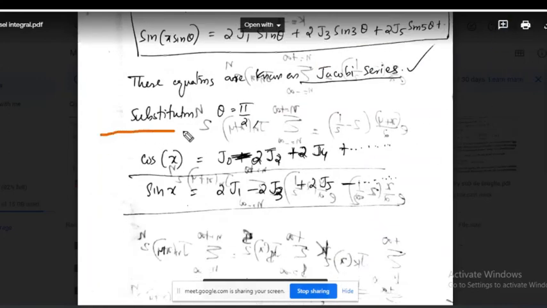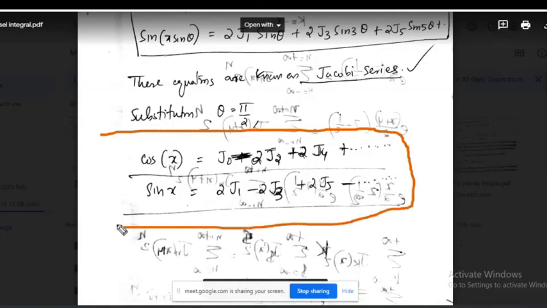Cos x is J0 minus 2 J2 and so on, and sin x is 2 J1 minus and so on. So here we have written cos x and sin x in terms of Bessel functions. Okay, so let us stop here.